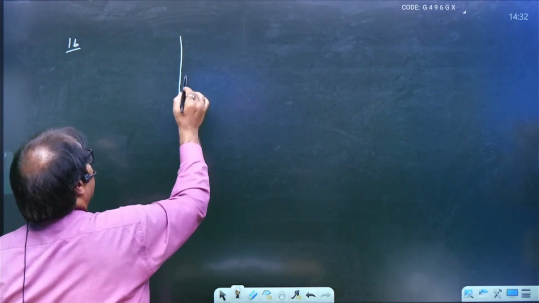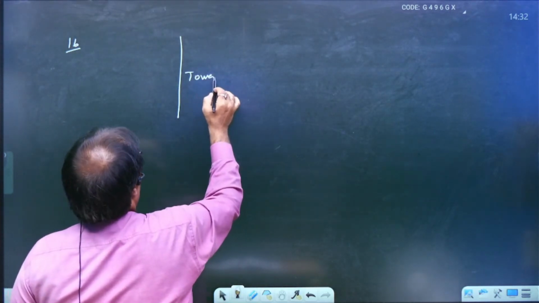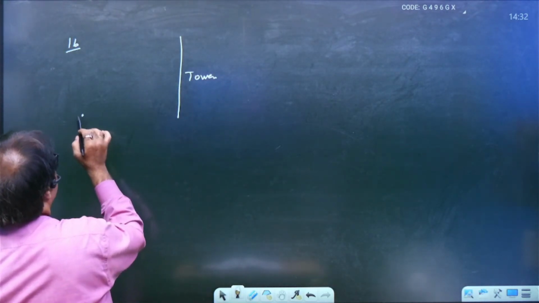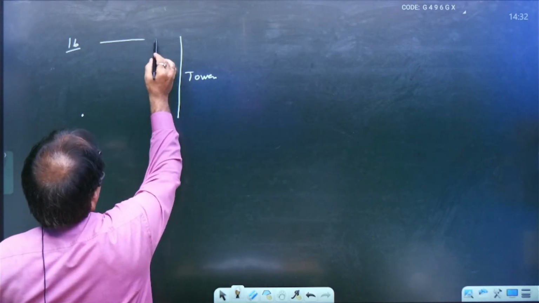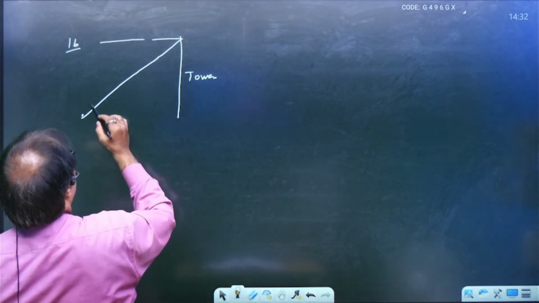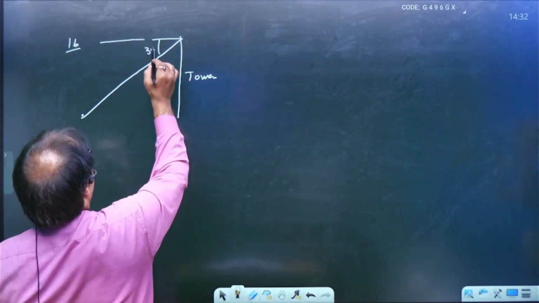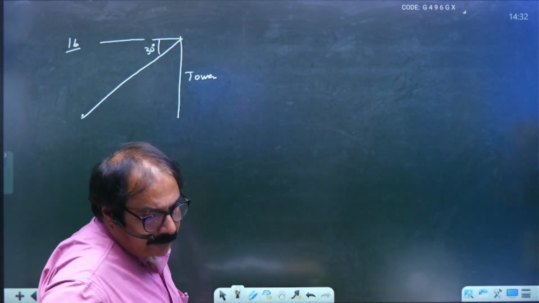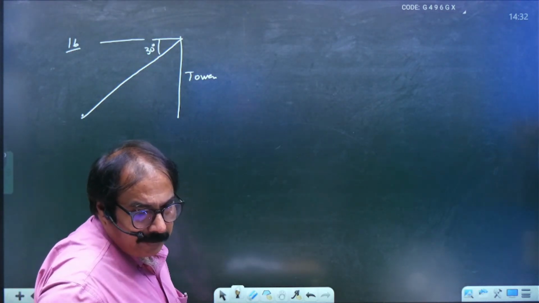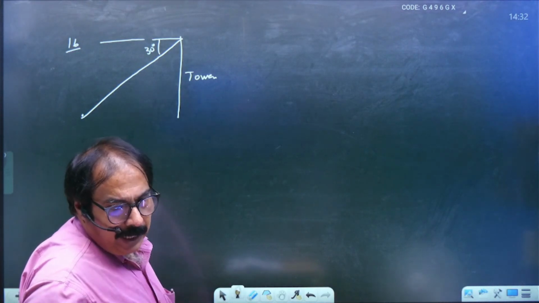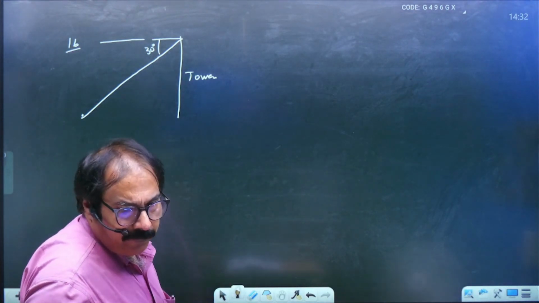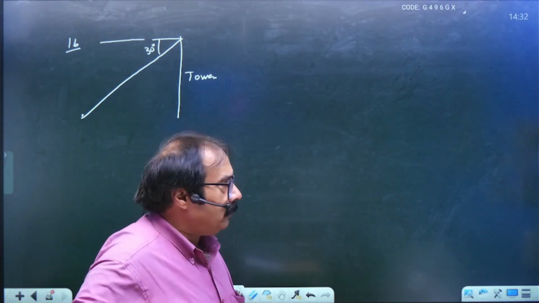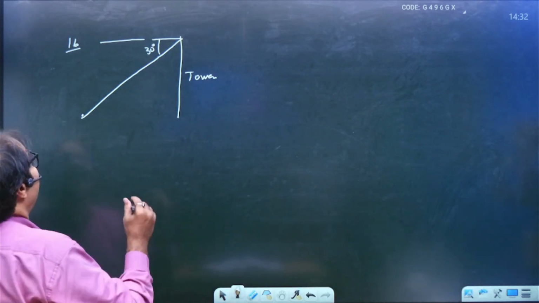So this is the tower, and here is the position of the car, and he observes that the angle of depression is 30 degree. And after 6 seconds, the car, which is approaching the foot of the tower with uniform speed, is found to have an angle of depression of 60 degree.